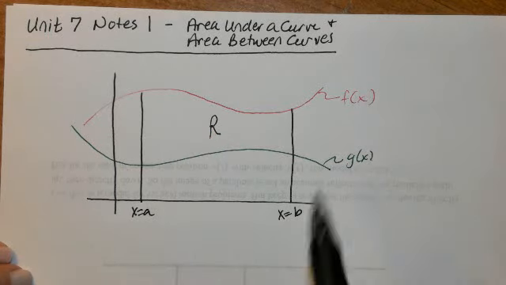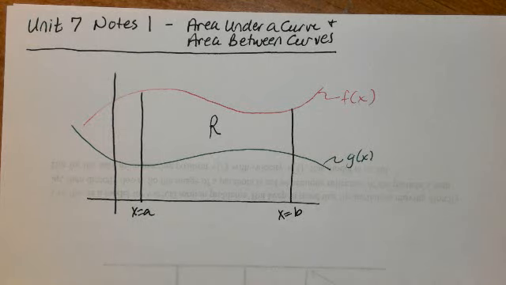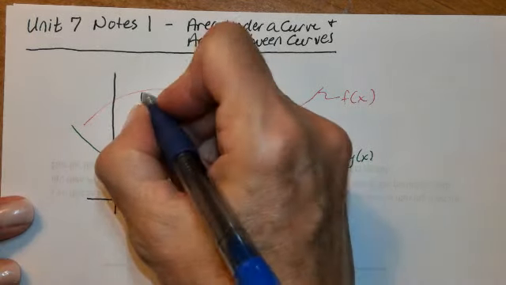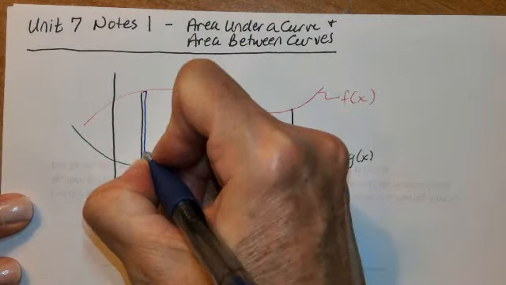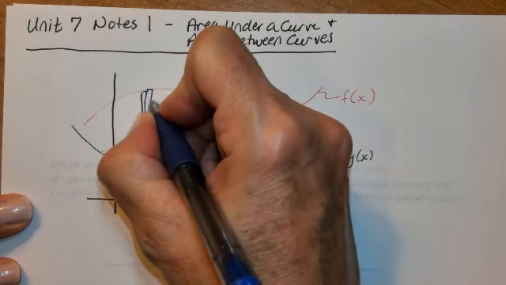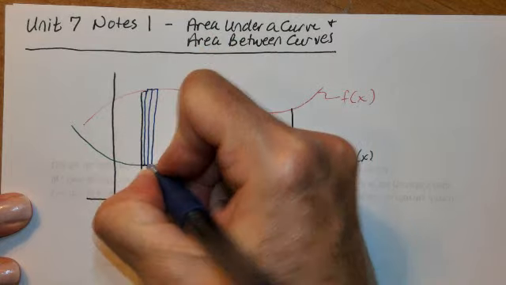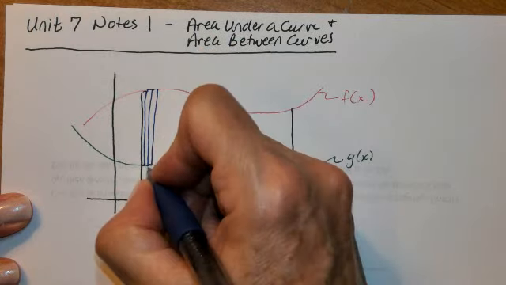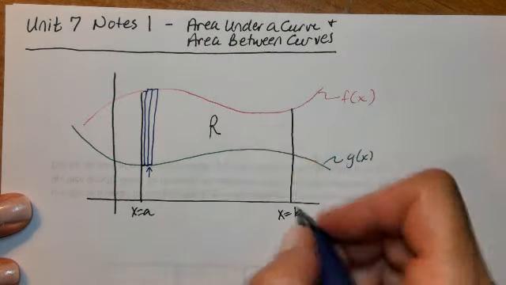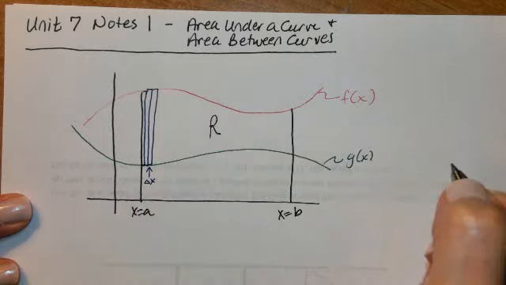Okay? All right. So here's the concept. Think about little rectangles. Think about little thin rectangles. Each rectangle has base length delta x, okay?